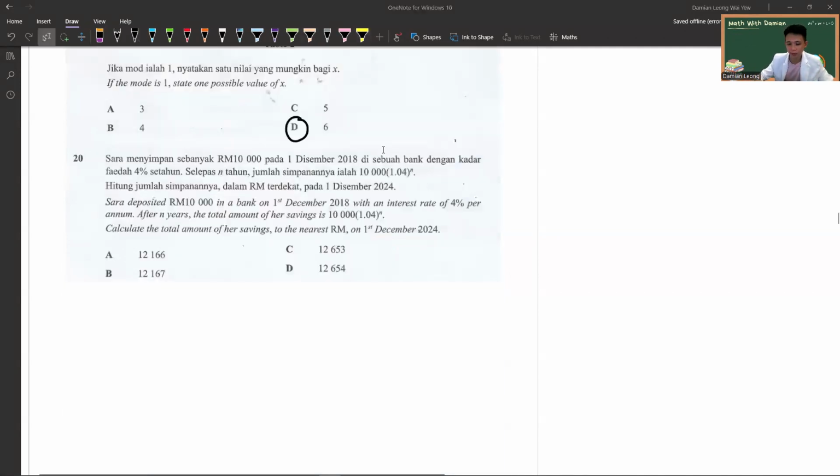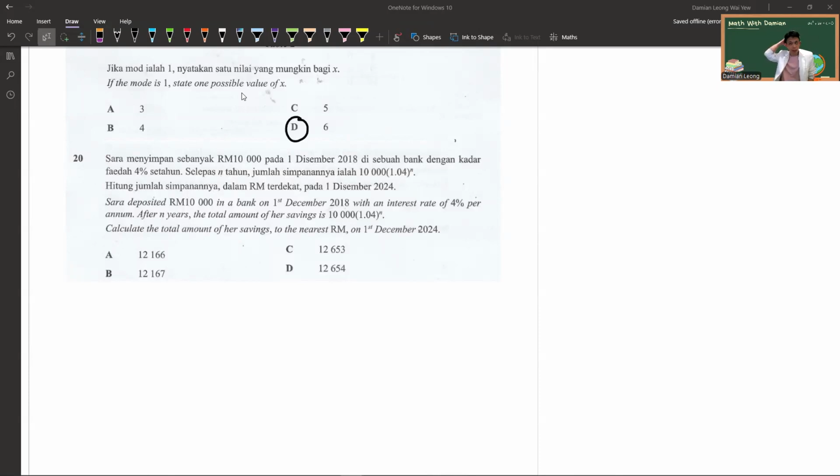Then question 20. Sarah deposited 10,000 ringgit in a bank on 1st December 2018 with interest rate 4% per annum. After N years, the total amount of her savings is 10,000 times 1.04 to the power of N. Calculate the total amount of her savings to the nearest ringgit on 1st of December 2024.